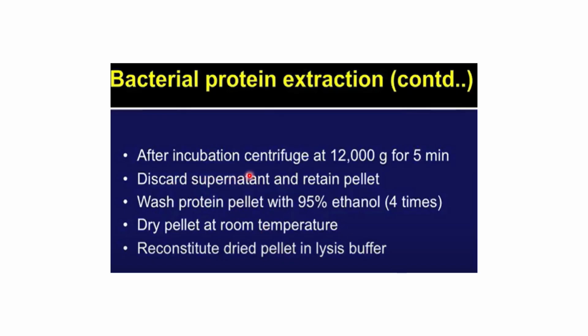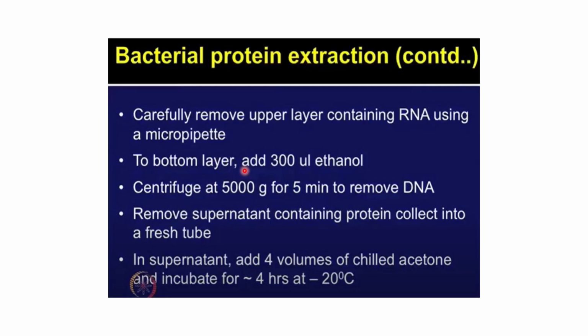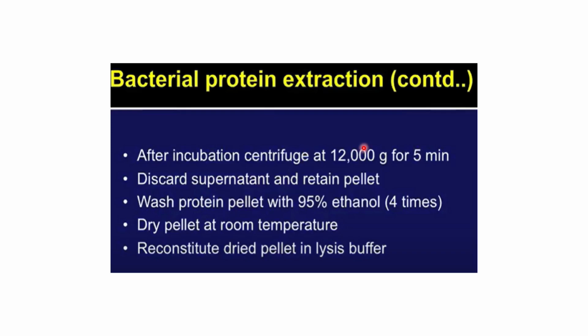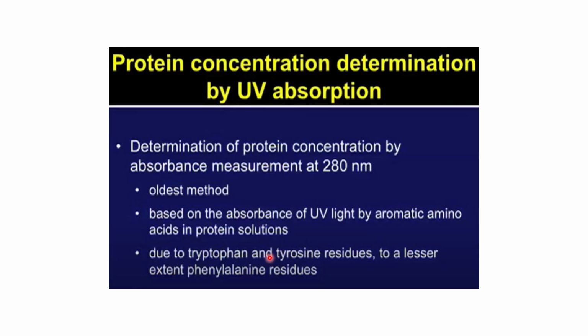Then after incubation with acetone for 4 hours, basically at minus 20, you do the centrifugation, then discard the supernatant. Then the pellet is something which has the protein. You can wash that protein using ethanol and reconstitute that dried protein in a lysis buffer, and then use it for analysis.